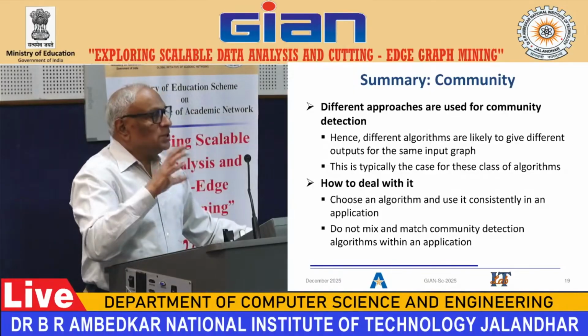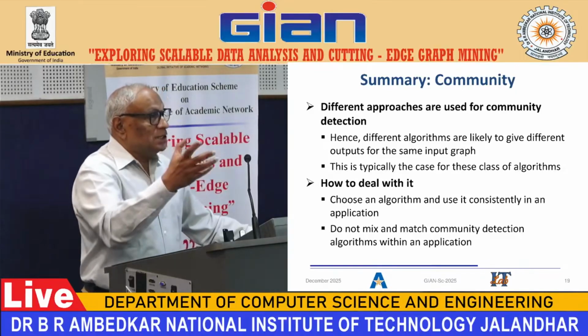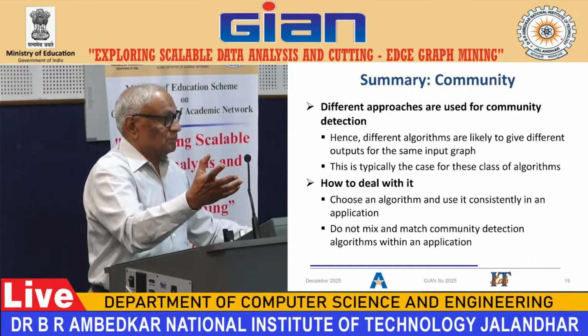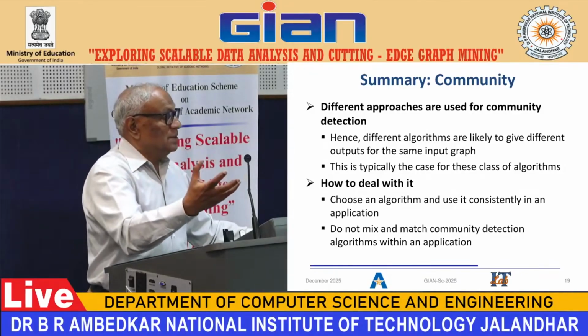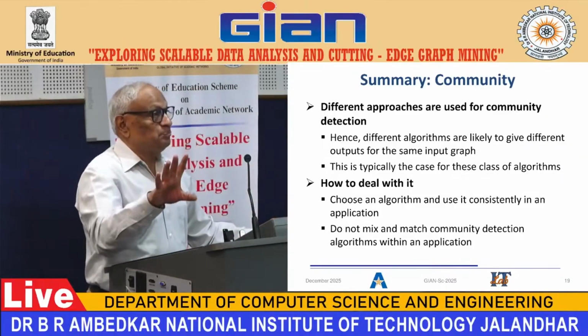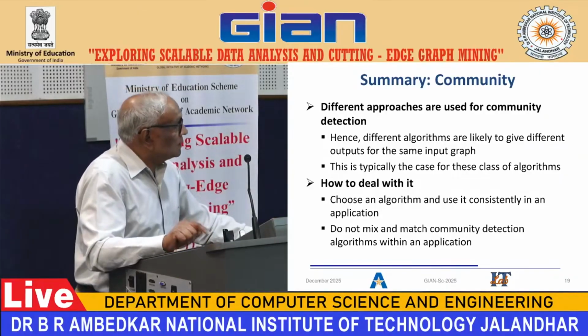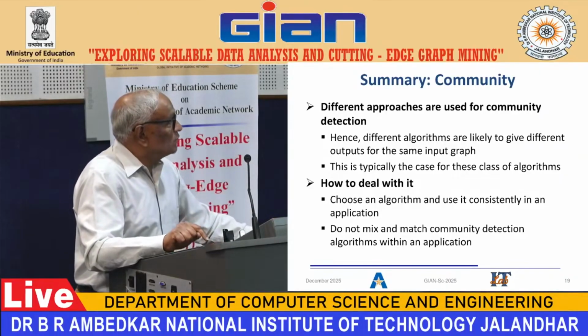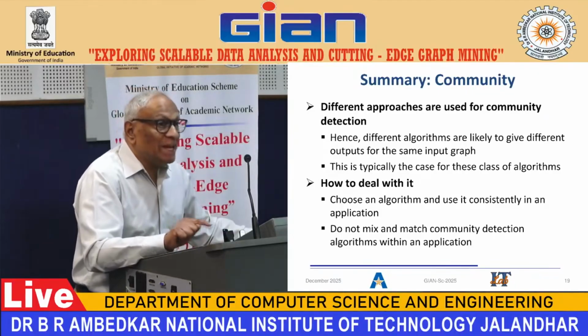And a community is somewhat loosely defined. A clique is very precisely defined, but a community is not a very precise definition. Hence, there is room for subjectivity. So you need to understand that. Hence, different algorithms are likely to give different outputs for the same input graph.